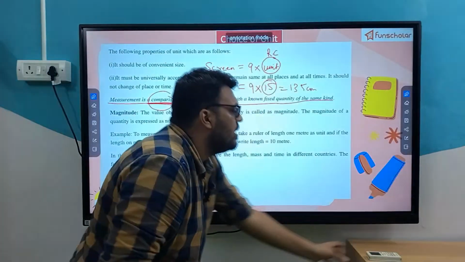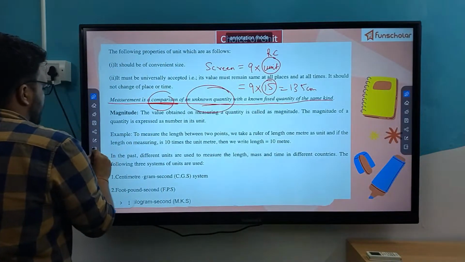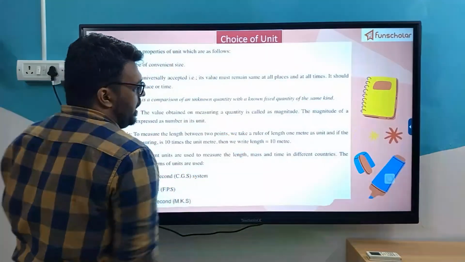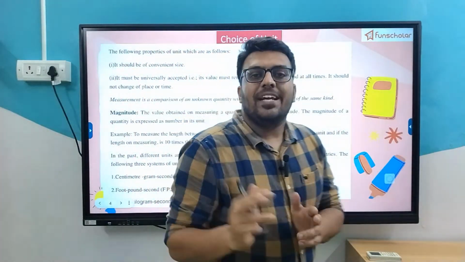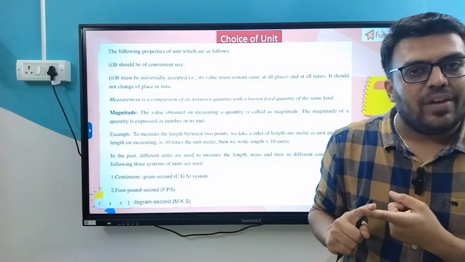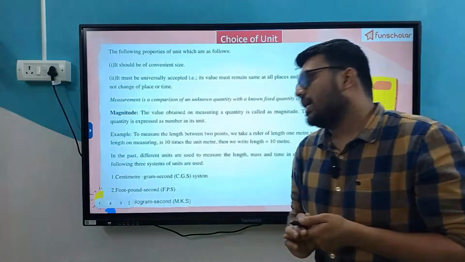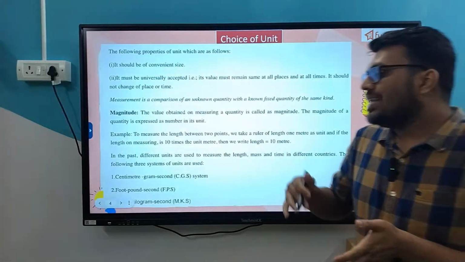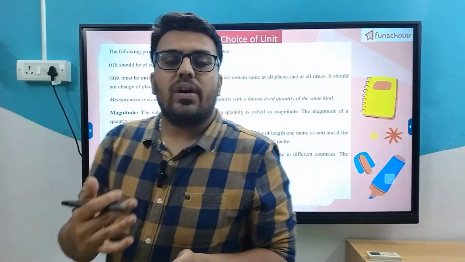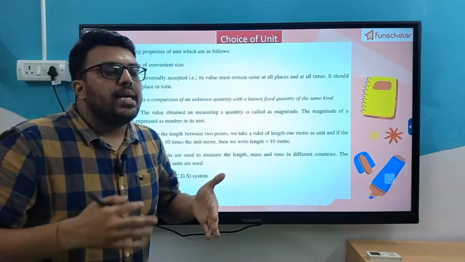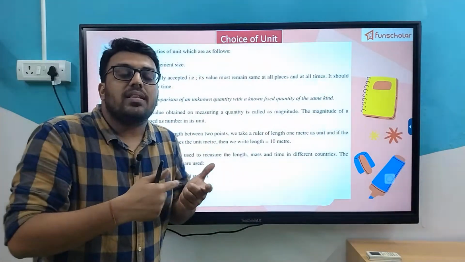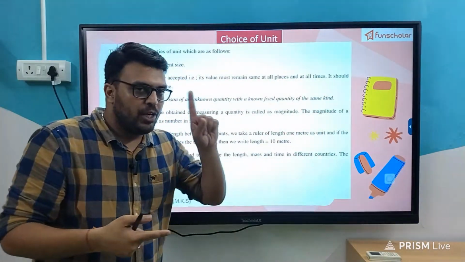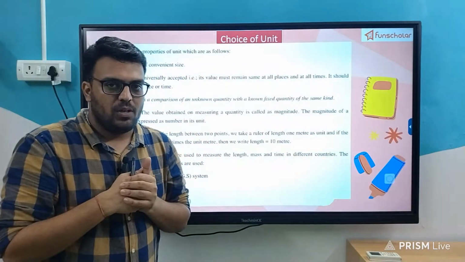This basically is the definition of measurement. Now we have said that measurement has two parts: one is a numerical value, which we call the magnitude, and the second is the unit. So that is the part where we are now going to move. We have understood what measurement is and what the components of measurement are: the numerical figure and the unit.